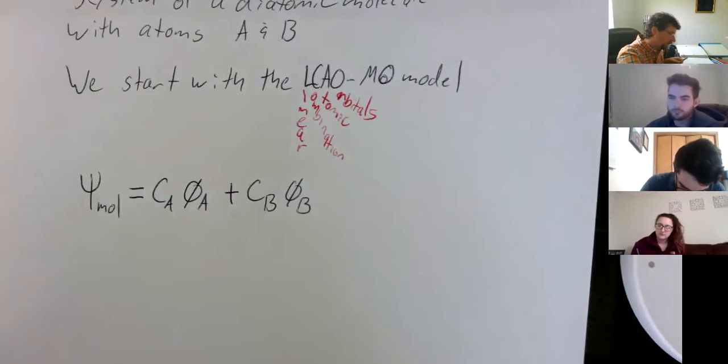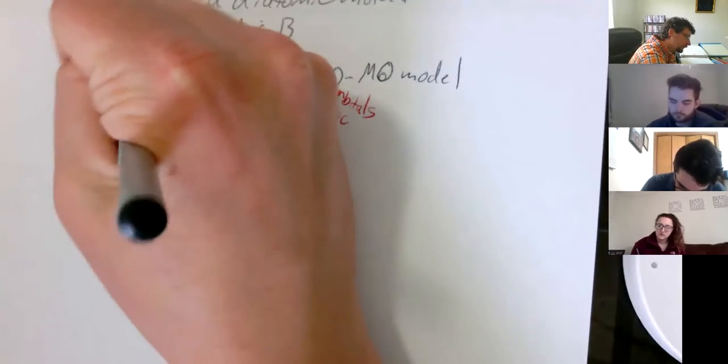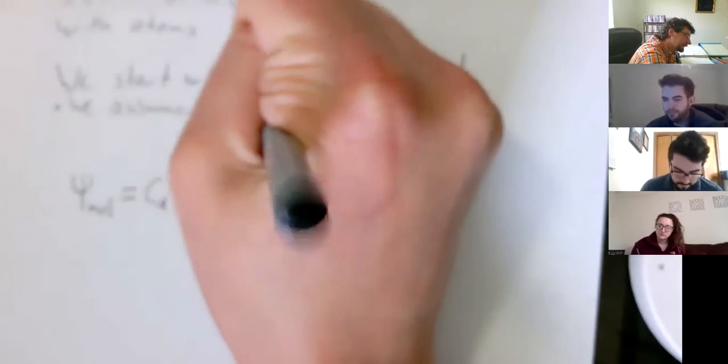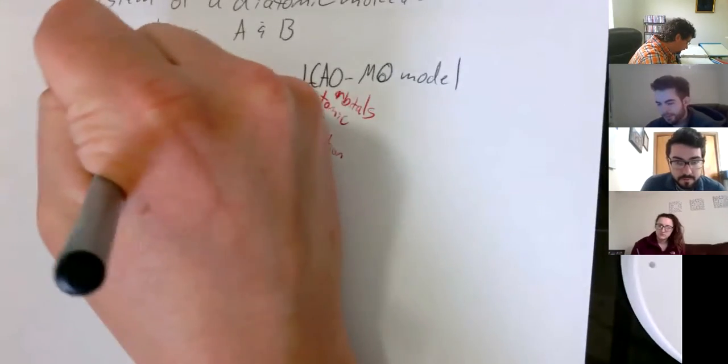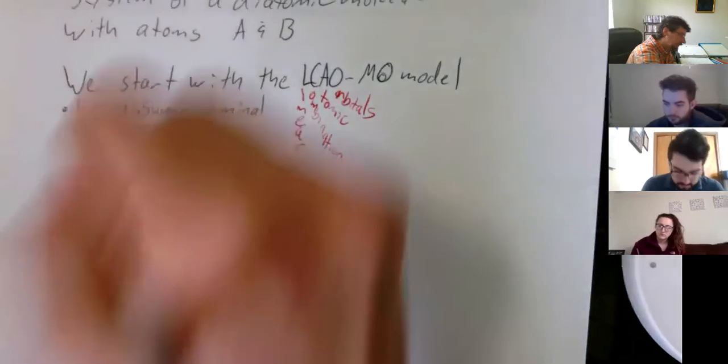So we'll make two other approximations. We assume a minimal basis where we only have one AO on each atom.